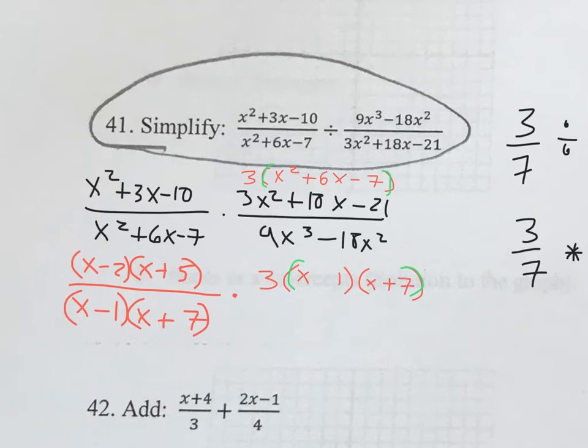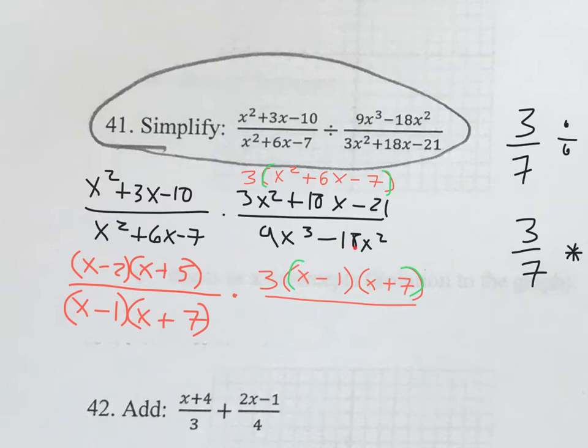It is a positive 7 and a negative 1. So this whole thing really just becomes that. Always ask yourself, is there a GCF right out the gate that I can factor out? And the answer is yes, it's 3, so go ahead and do it. And then keep the 3 on the outside, minding its own business, factor that, and there you go.